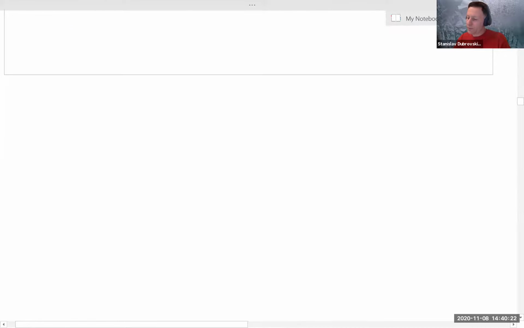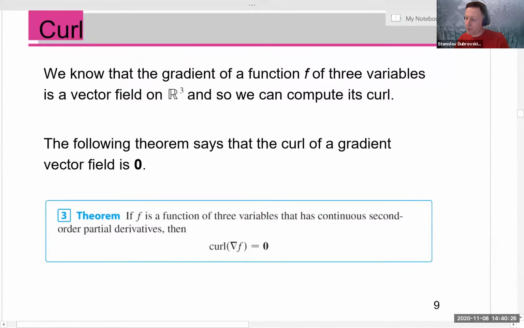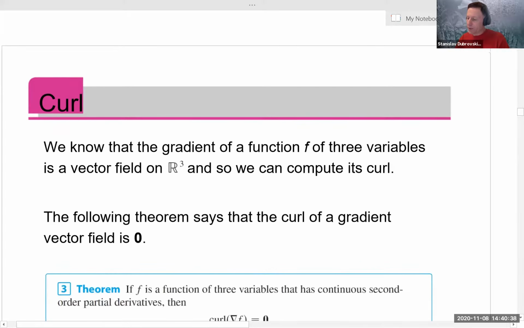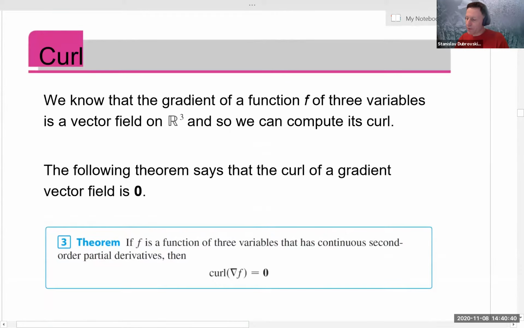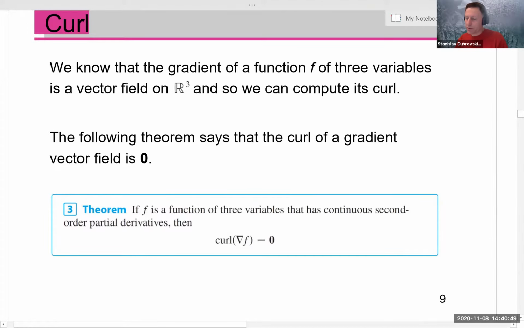And what does it have in common with the original one? Well, we'll understand it slowly, but first, as the name suggests, it has something to do with rotation. But let's first notice that if we look at the conservative vector field, the one given by the gradient, then the curl of that will be 0.